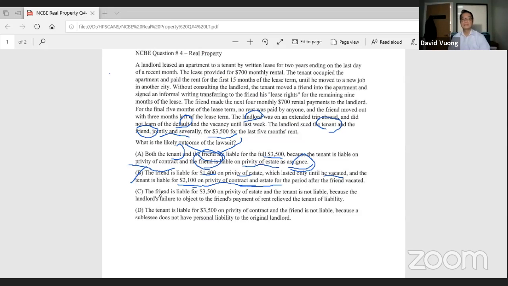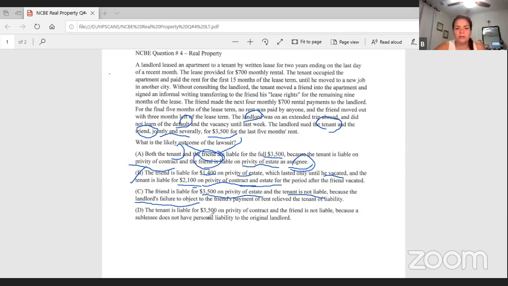Okay. C, the friend is liable for $3,500 on privity of estate, and the tenant is not liable because the landlord's failure to object to the friend's payment of rent relieved the tenant of liability. Okay. See, here's another one. The bar examiner always gives you something that is not in a contract. They give you some kind of language that is not needed. You see it?